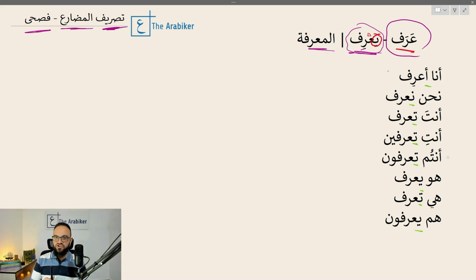Also, for some conjugations, we also added some suffixes. So it's not only about prefixes, but also about suffixes, like the case of anti, تعرفين. We add this in. أنتم تعرفون. هم يعرفون. So in present form conjugation, it's mainly about the prefix, but also you need to pay attention to the suffix in some cases.